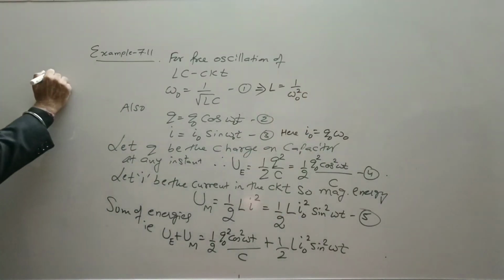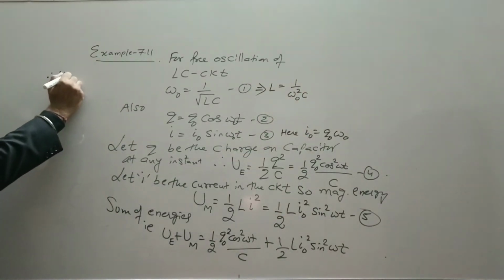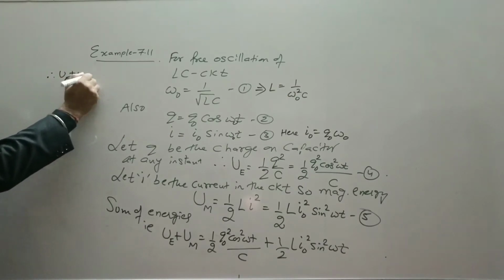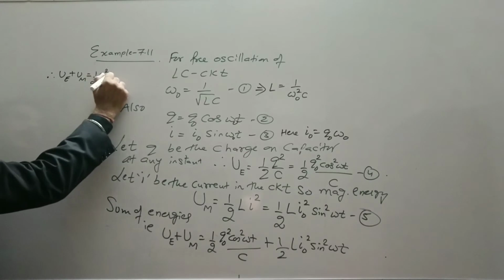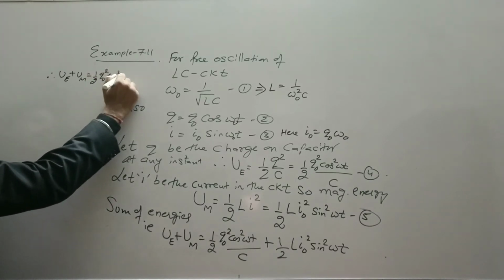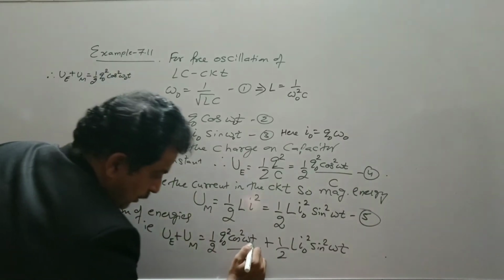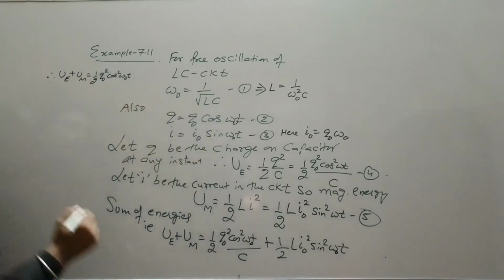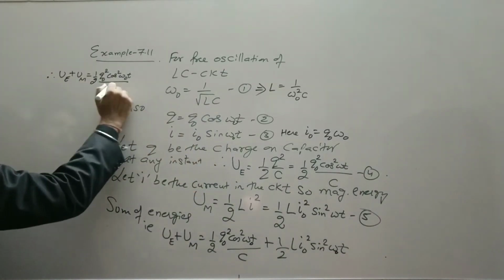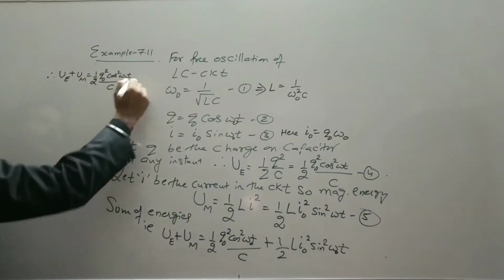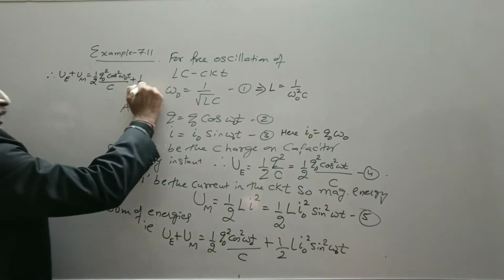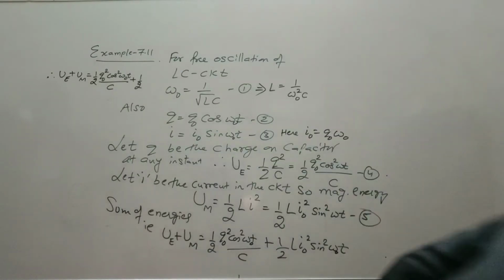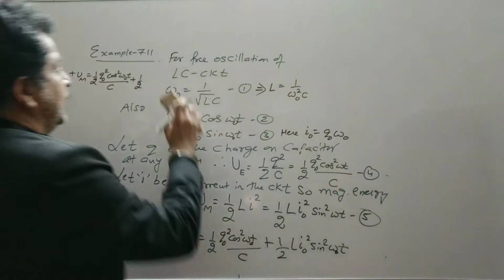So therefore, U_E plus U_M is equal to half Q naught square cos square omega naught t, we put a symbol omega naught here, upon C plus half, then we substitute the value of L also here.